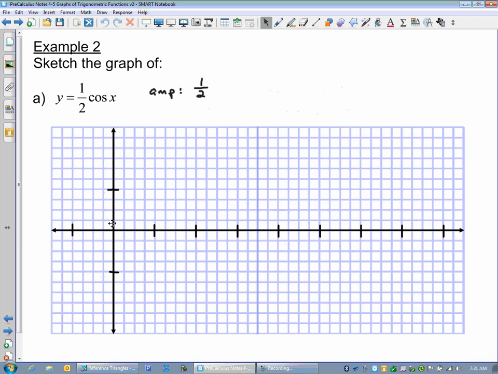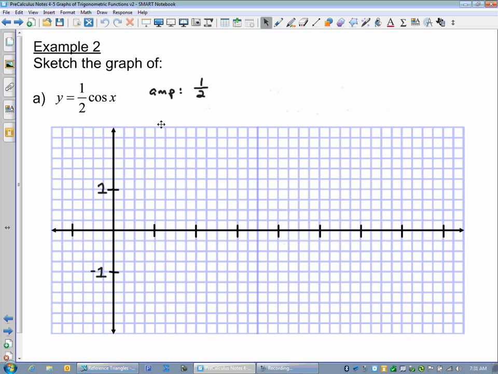I don't want this first line here to be a 1, because then if I'm trying to plot a 1/2, I've got to plot something in between there. Because the amplitude is only 1/2, I'm going to give myself a little room here, and I'm going to make this 1 and -1. That way I can easily plot a point of 1/2.